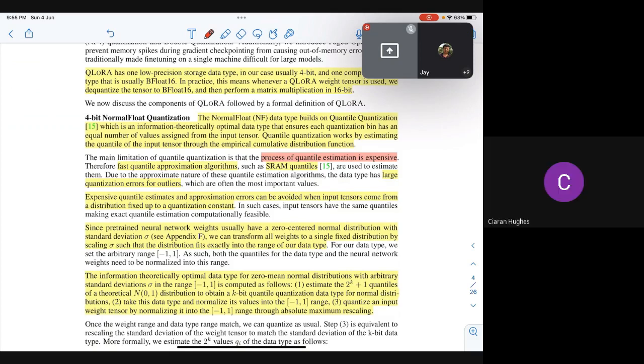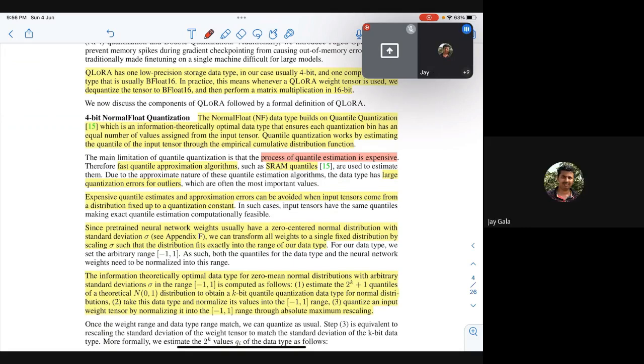Hey, Jay. This is a really good talk. Thanks very much. When they talk about this n-bit or 4-bit for QLoRA, does that mean that the precision of the weights is 4-bit at the end of the process, or is something else happening?